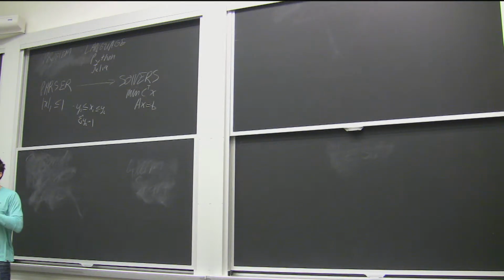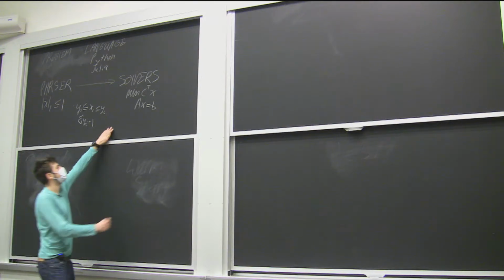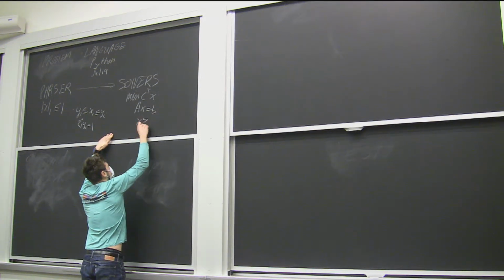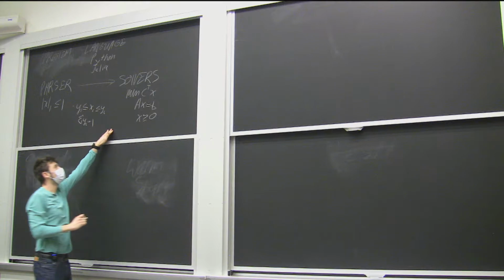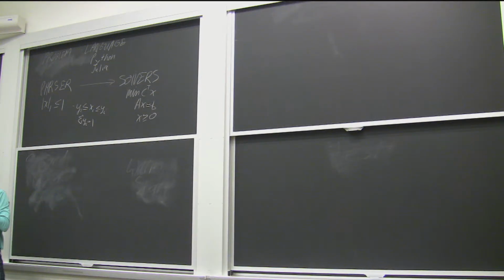I don't want to have to think about the mechanics of turning the crank, of changing an inequality into an LP that is the standard form, the slack standard form. So the parser is going to turn that crank for me. And so when it comes to solvers, you should pick your solver. But if you can avoid it, avoid talking to your solver. Try to talk to a solver through a parser.